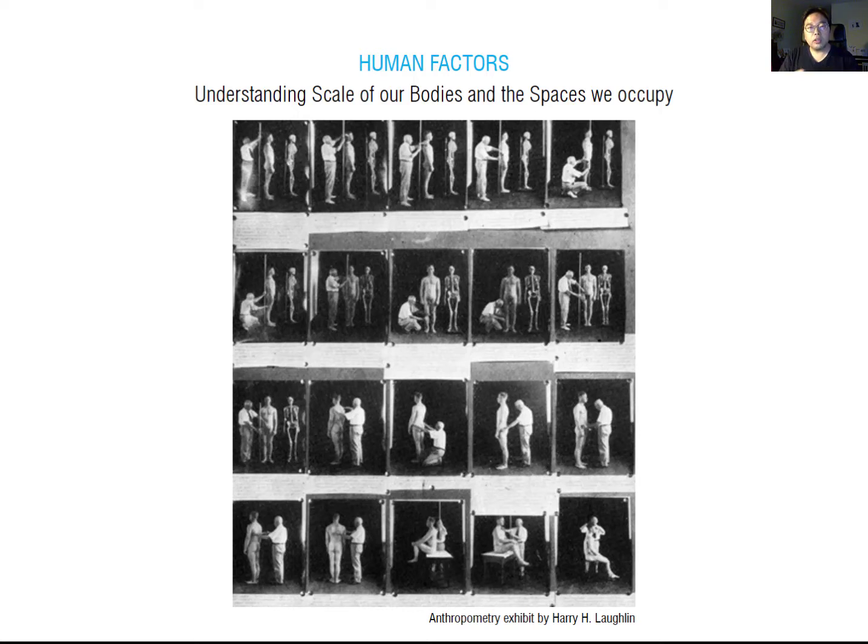So basically, to understand these human factors, you have to know the dimensions of the human body. It is called the human factors. Okay, so understanding human factor dimensions, and then understanding the data, is called anthropometric data.